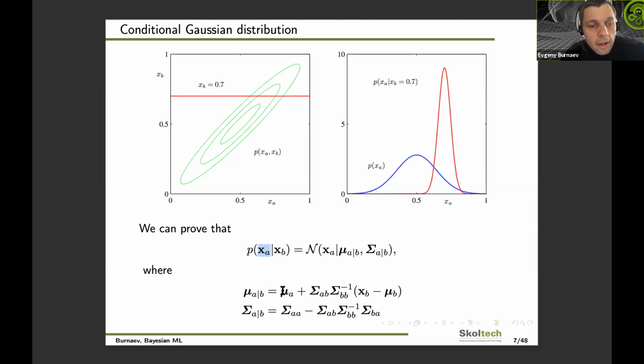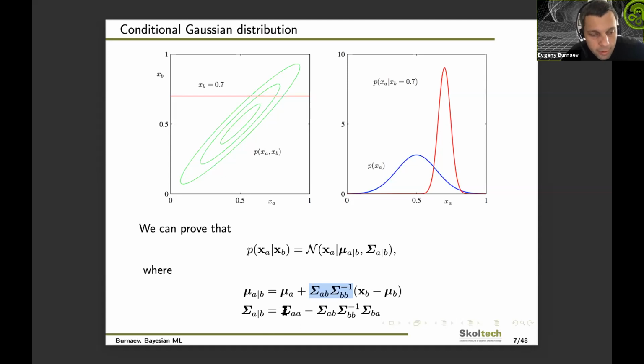And so the distribution of the vector x sub a is again Gaussian, but the mean vector of this subvector is shifted, and this is the value of the shift. It is proportional to the value of the subvector x sub b. And the weight here depends on the covariance submatrices.